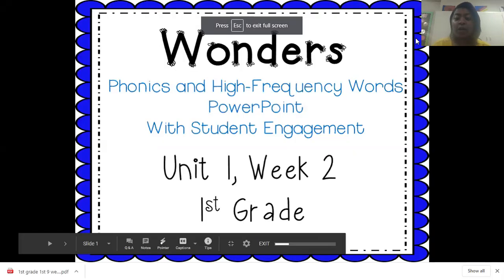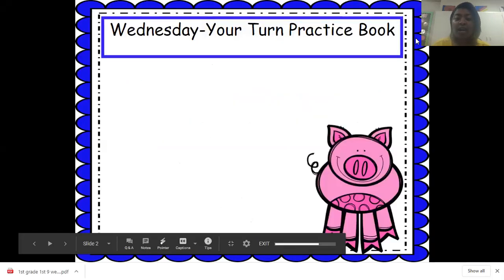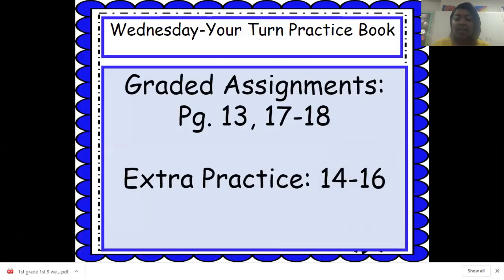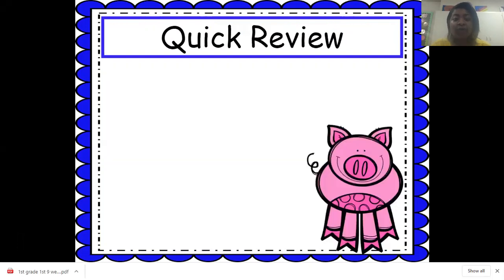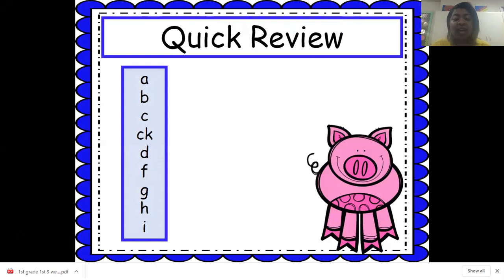Again, this is Unit 1, Week 2, first grade. As a reminder, our graded assignments are page 13, pages 17 and 18, and for extra practice, we're going to work on pages 14, 15, and 16. Quick review, these are our letters and our sounds.